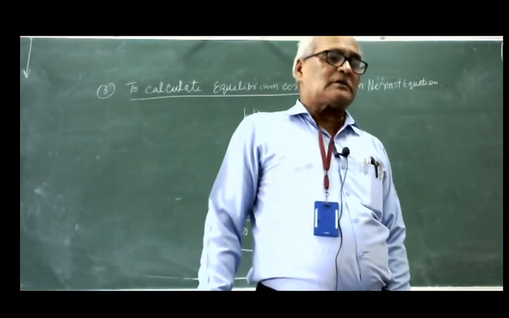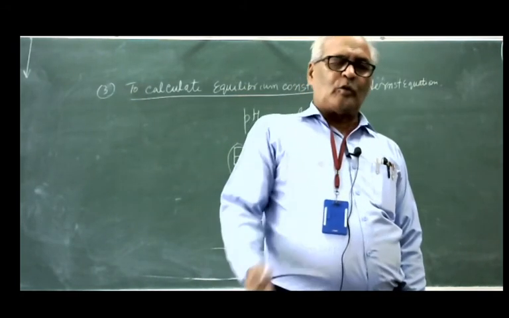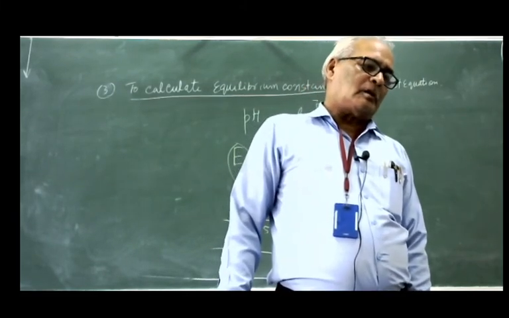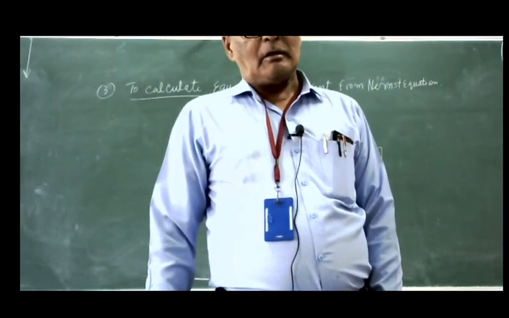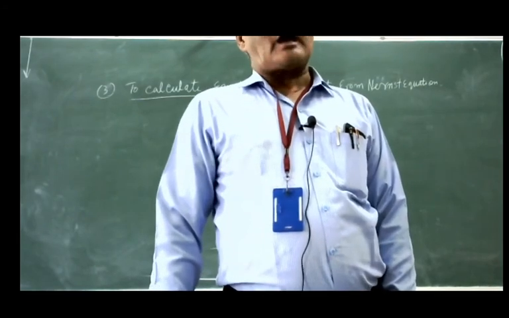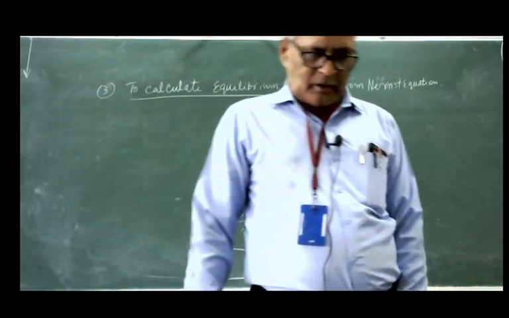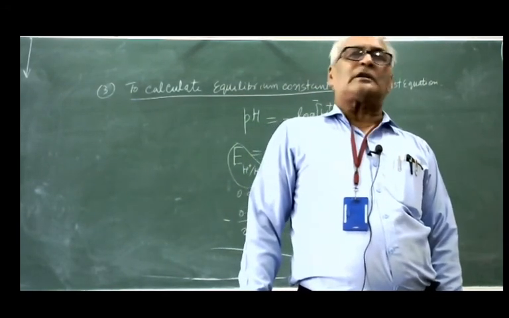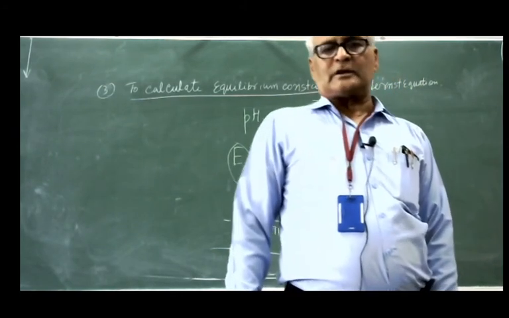If sometime it is asked to calculate the equilibrium constant Kc, apply the law of mass action, that is the effect of mass on the rate of chemical reaction. So Kc is equal to the concentration of the product divided by the concentration of the reactant.